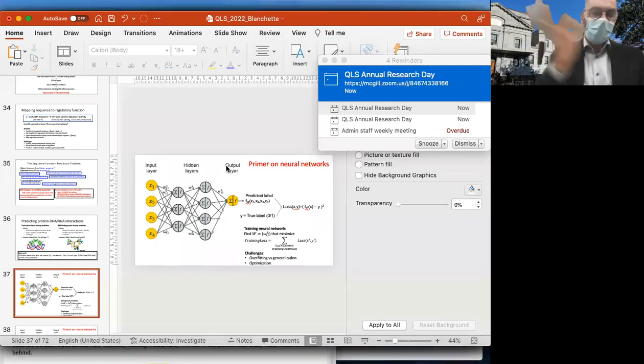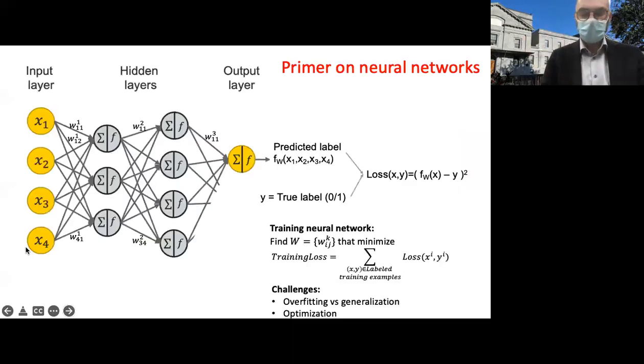So by stacking layers of these nodes one on top of the other, we get to approximate very complicated functions. And the training process for neural networks consists of trying to choose which collection of weights would best approximate the known labels of our training data.